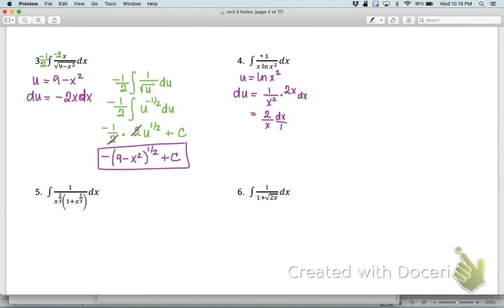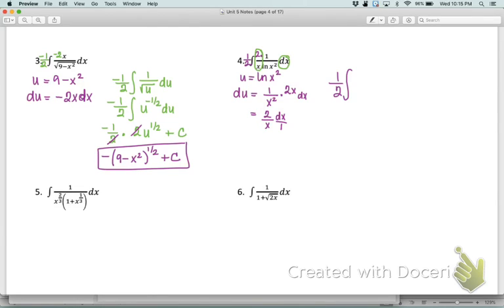So again, we have to adjust. We need a 2 and a 1/2. So when we do our u substitution, this is going to be now 1/2 times the antiderivative of, here's where I have my 2 over x dx.